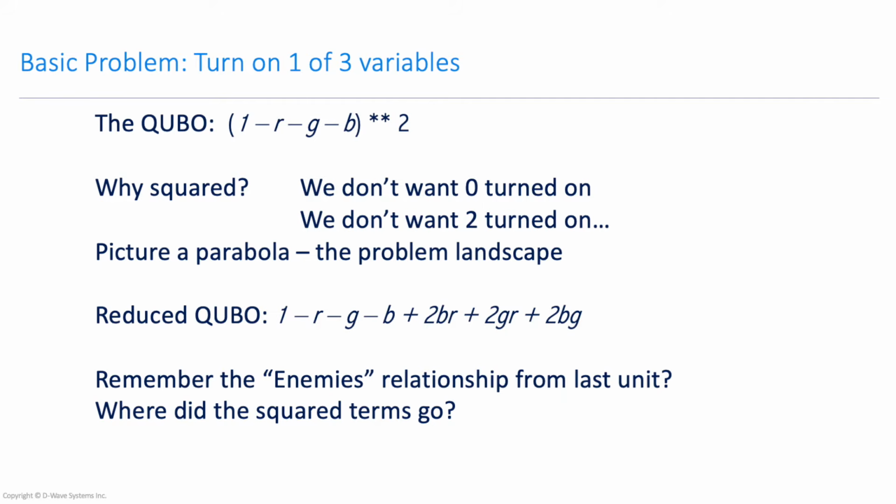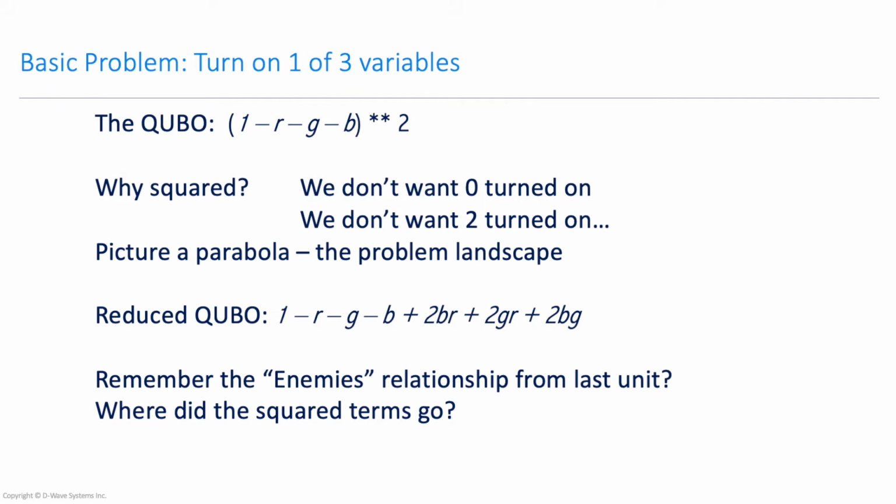Now, first of all, why is this squared? The reason is that if I don't square it and it's just linear, if you think about what happens, let's say when all 3 are turned on, R, G, and B, the 1 minus R minus G minus B would be minus 2 if I did that. And I don't want that. I want it to be minimized when just 1 is turned on. Also, if I put 0 of them in, in other words, just 1 minus 0 squared, that's 1, that's not going to work either.